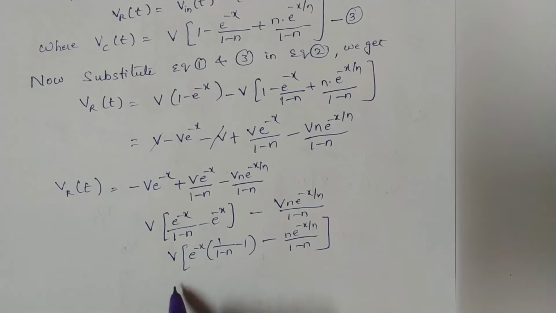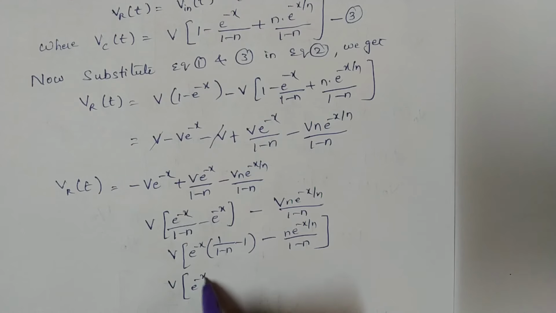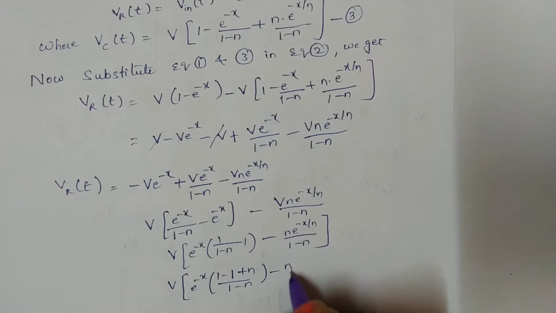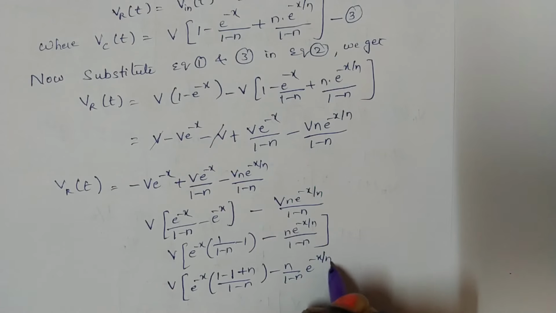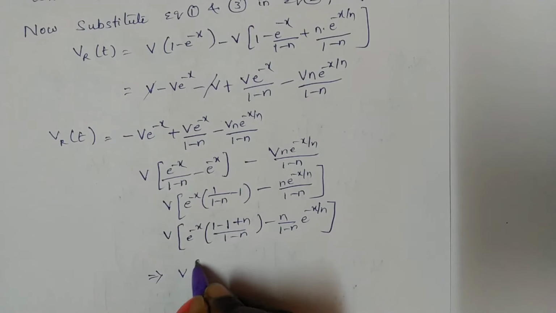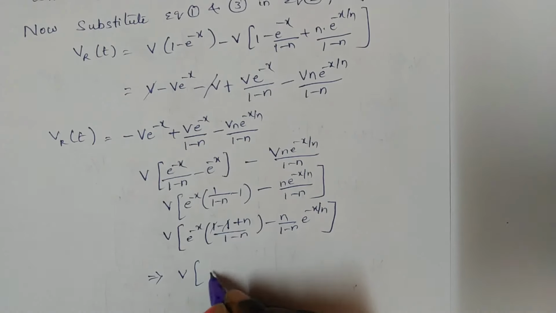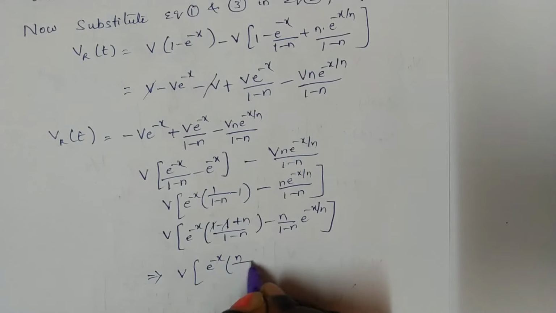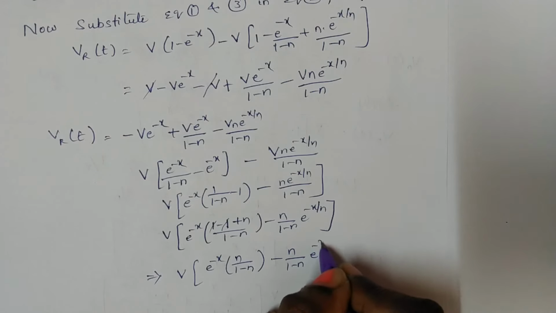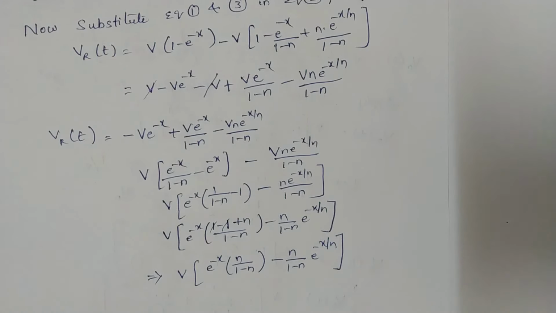Now take the LCM, and it is represented as V into e power of minus x into 1 minus 1 plus n by 1 minus n, minus n by 1 minus n into e power of minus x by n. The plus 1 and minus 1 cancel, giving e power of minus x into n by 1 minus n minus n by 1 minus n into e power of minus x by n.